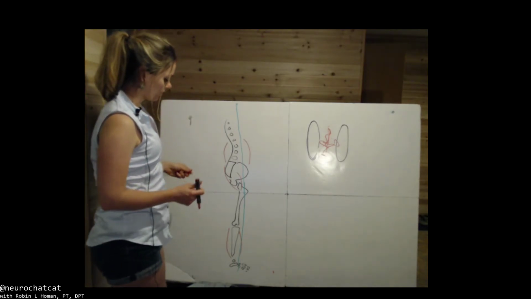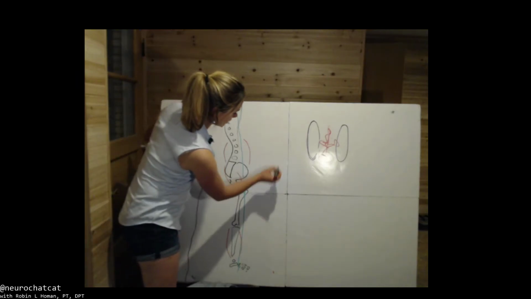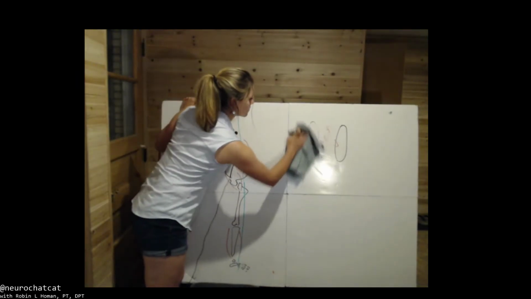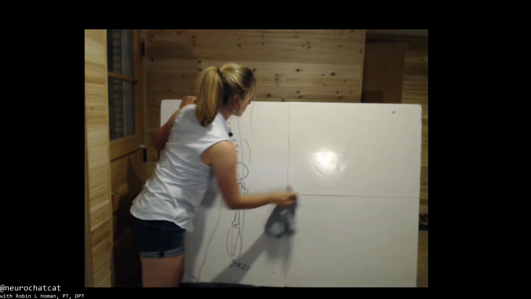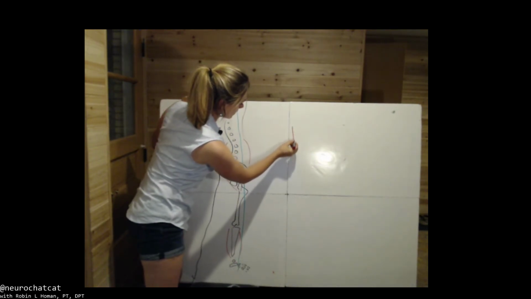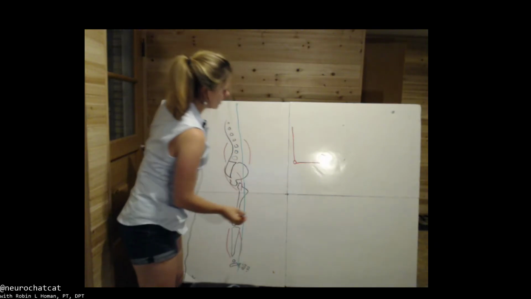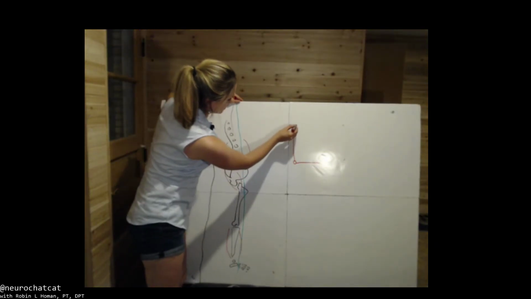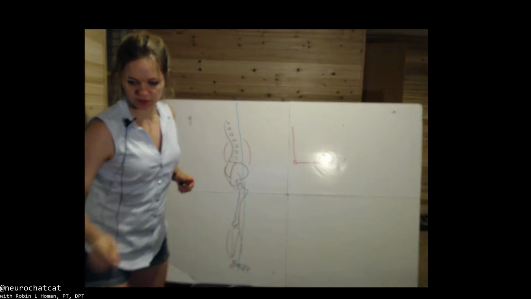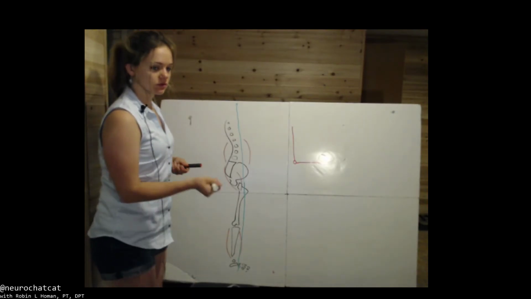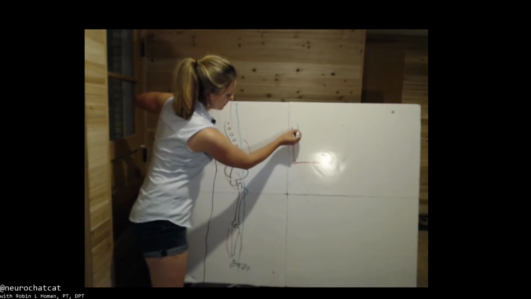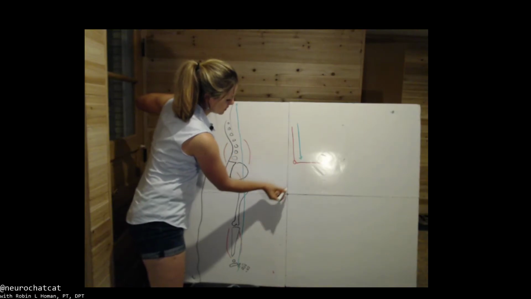So let's start at the ankle first, yes? So let's say we have my ankle joint, and the line of gravity is falling, let's draw a different color, just anterior to that talocrural.